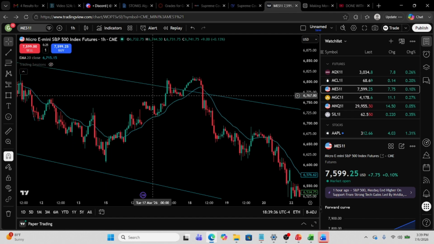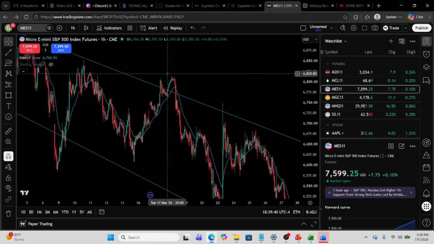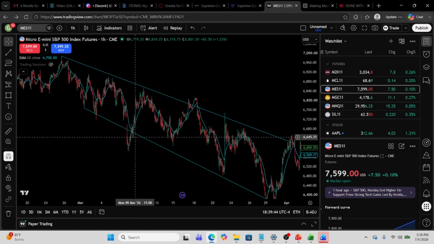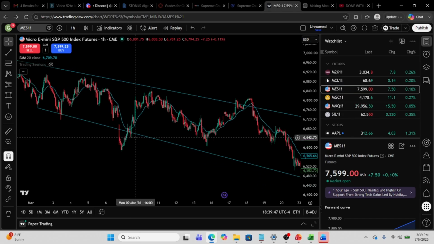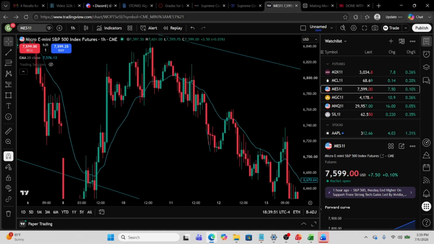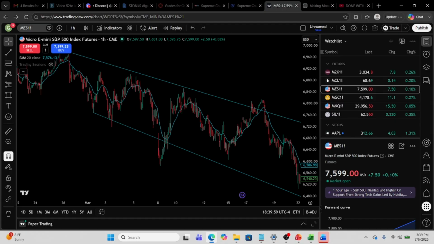Because the market is trading within this trend, this context, this range. So you can even look right here. Is this a good fair value gap to trade? Look, you could have entered right there and got short. Well, not really, because remember the context of the trend.